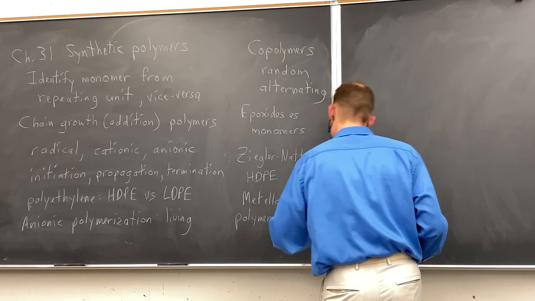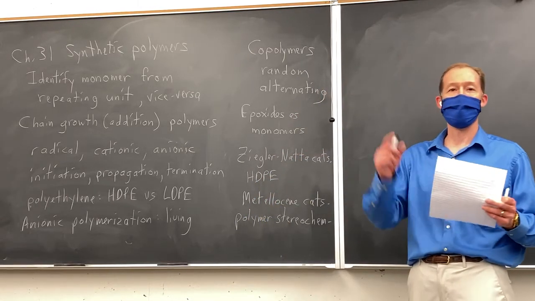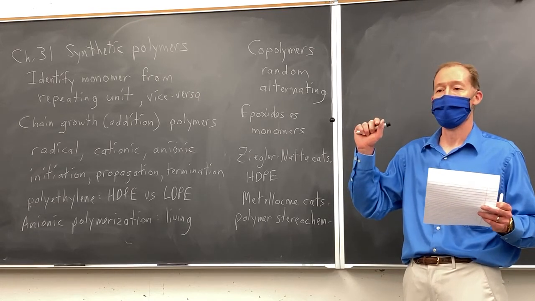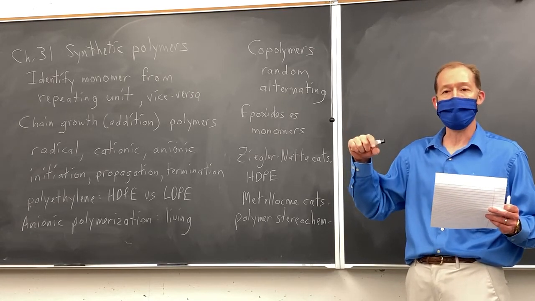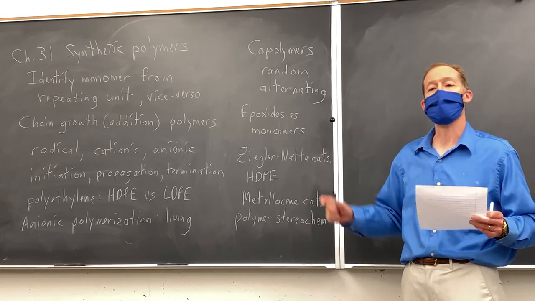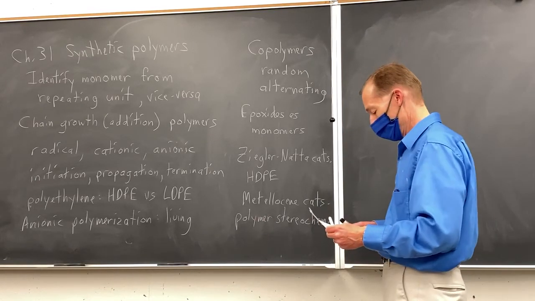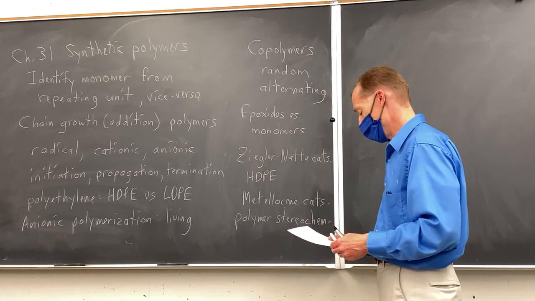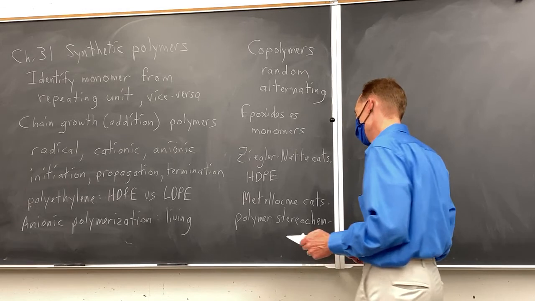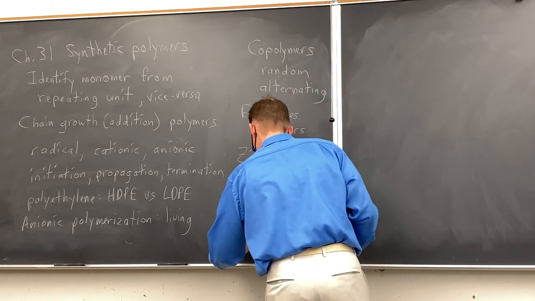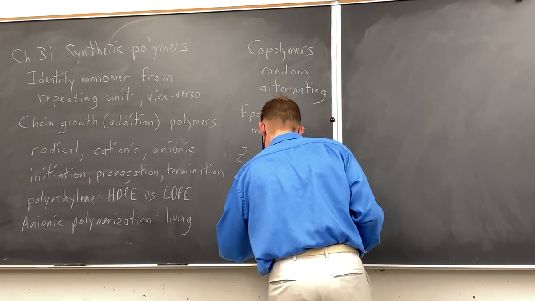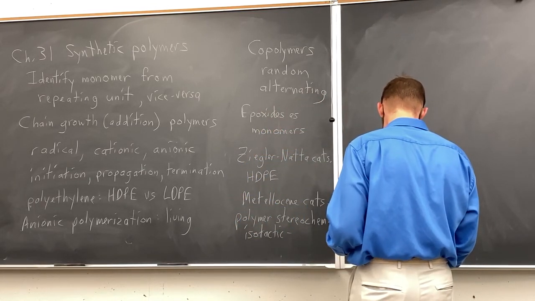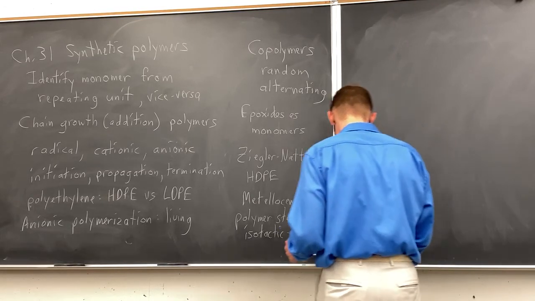If we're making polypropylene, for example, which would have a methyl group coming off, or any of our polymers really, when we have the Z group coming off the chain, that carbon is a stereocenter. And so depending on the pattern that you have of stereochemistry, you can have what's known as an isotactic polymer. An isotactic polymer is going to be chiral.